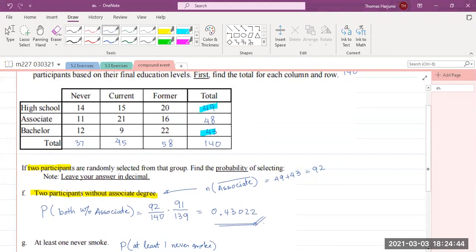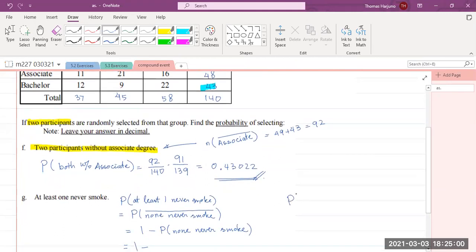What is the probability the first person you took ever smoke? Not never, but already smoked before in the past, has the history of smoking. If you pick one person, the number of people that is not never smoke is 45 plus 58. That's 103.